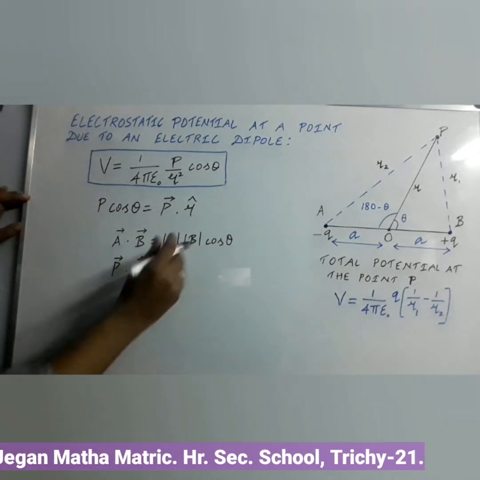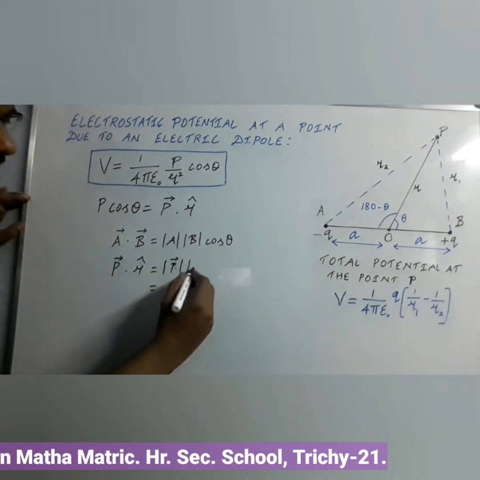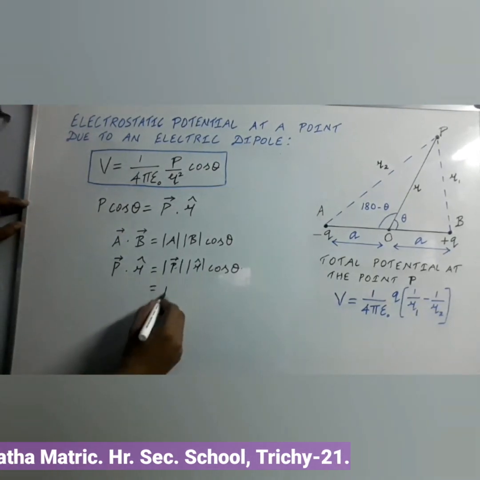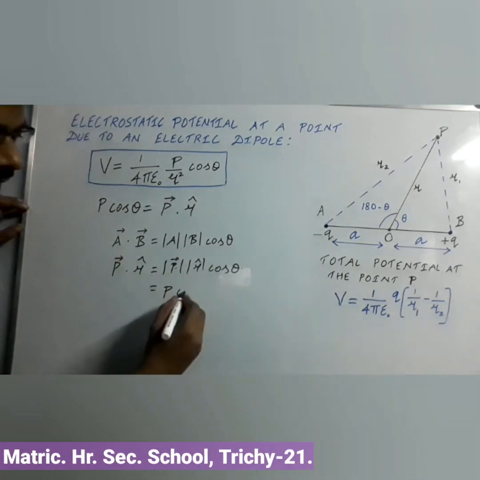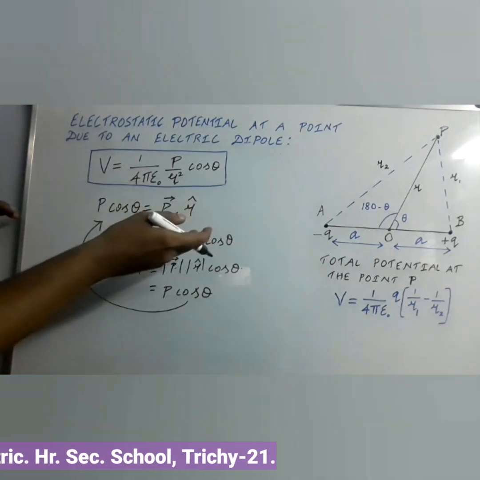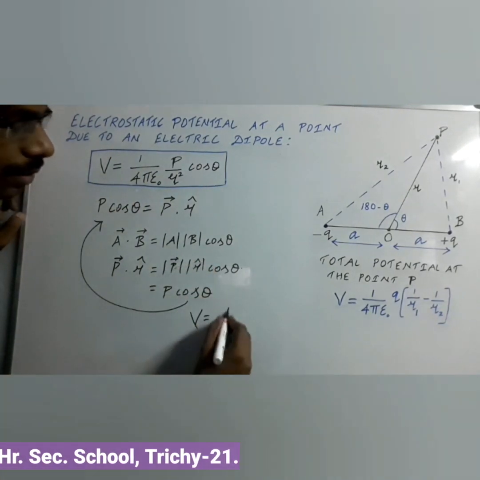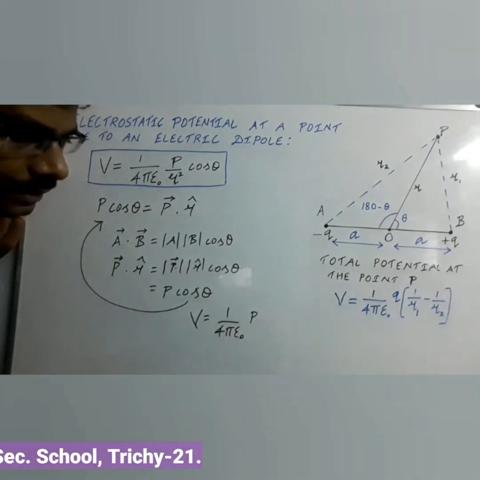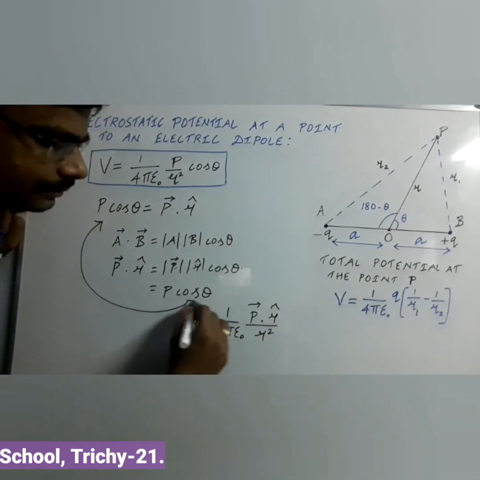According to this expression, it is modulus of P vector, modulus of r cap, cos theta. P vector has a modulus P, and the modulus of the unit vector is nothing but 1, no need to write here, and cos theta. So the same thing is here. So P cos theta can also be written as P vector dot r cap. So this expression can also be written as V equal to 1 by 4 pi epsilon naught P vector dot r cap by r square.